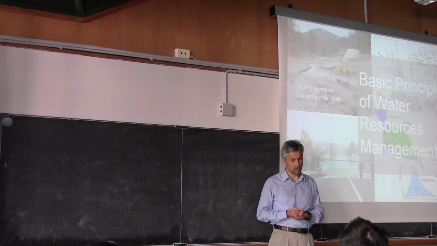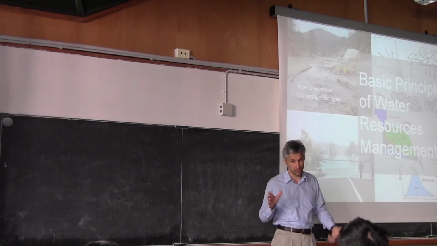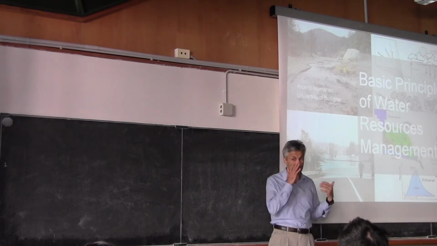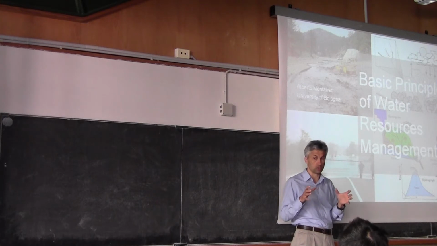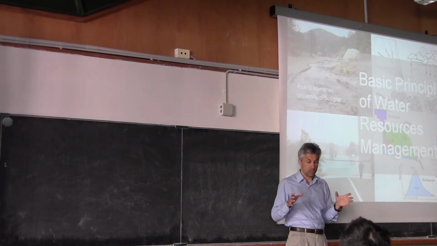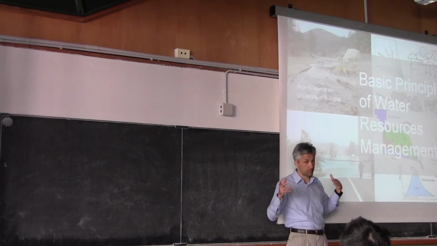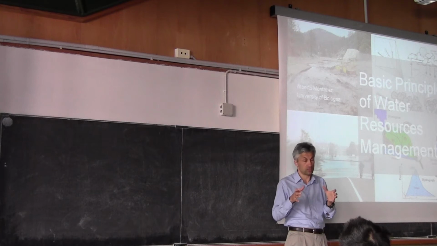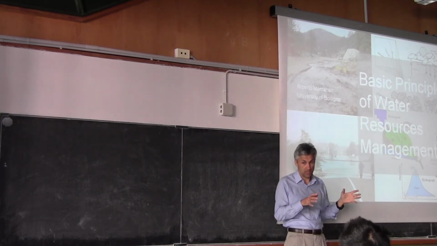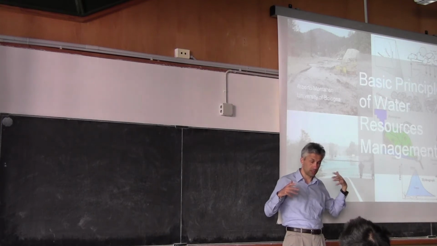You know that water resources management is a young discipline, and therefore it was a matter of the past 30 years to try to identify what are the principles that one should follow. For instance, a unanimously accepted principle is that water for civil use has a priority. But there are, of course, many other principles that we should stick to.